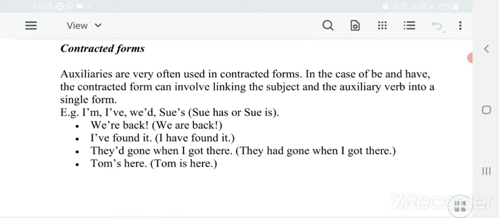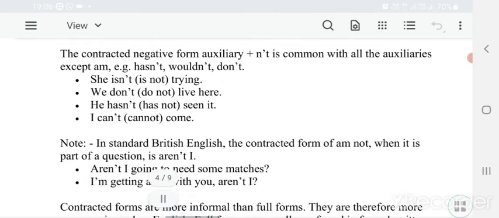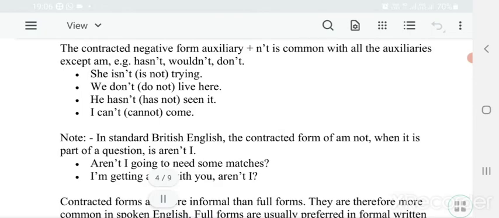Auxiliaries are very often used in contracted forms. In the case of be and have, the contracted form can involve linking the subject and the auxiliary verb into a single form. I am, I have. So we will read it as I am, I have, we had, so's, that means so is. So all these contracted forms are used with the help of these auxiliary verbs.